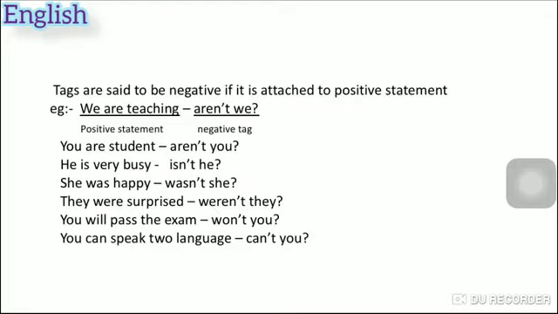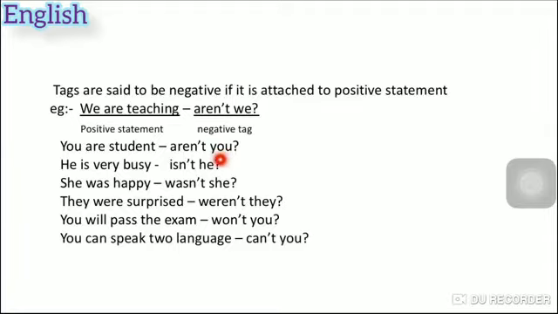Only take the primary helping verb, add not to the helping verb, and then place the pronoun at the end of your tag. Again, there are some examples. You are a student, aren't you? Are plus not, aren't, and the subject is replaced next to the primary helping verb.